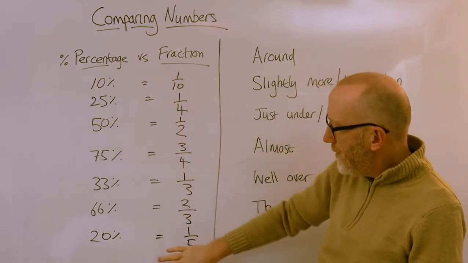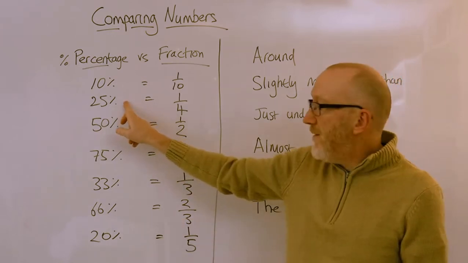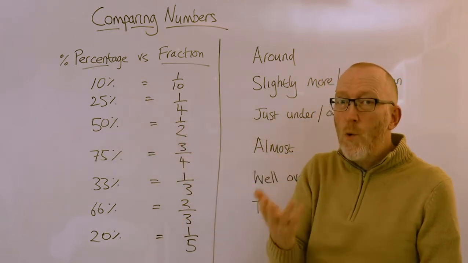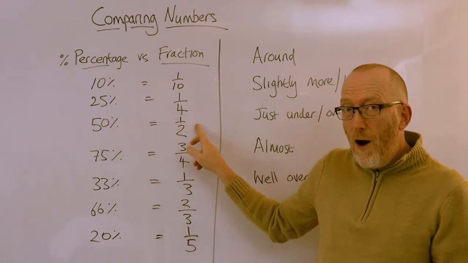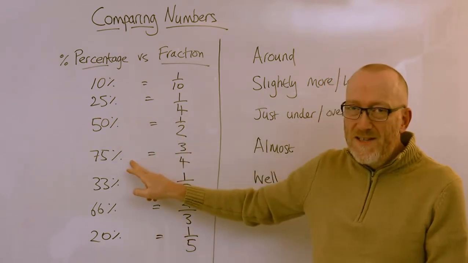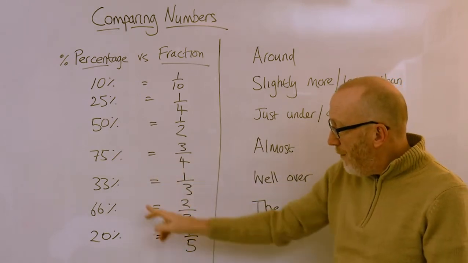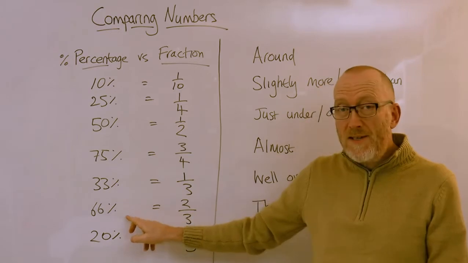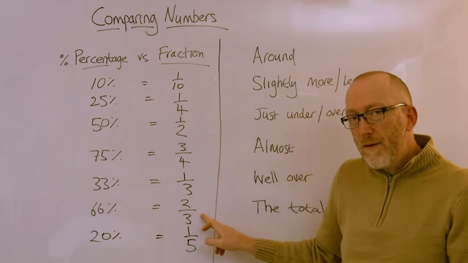Now, the others you're probably more familiar with. For example, 25% is also known as a quarter. 50% is known as a half. 75% is 3/4. Okay. Now, 33% and 66%, these are quite interesting because we have a third or 2/3.